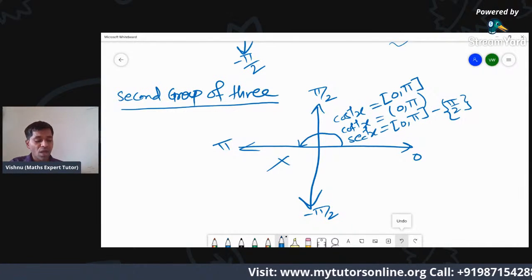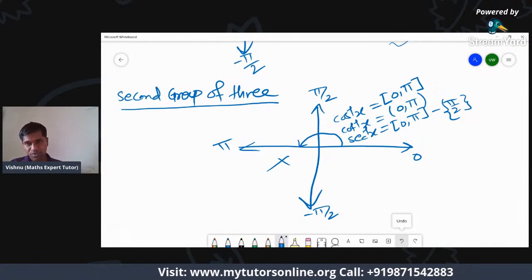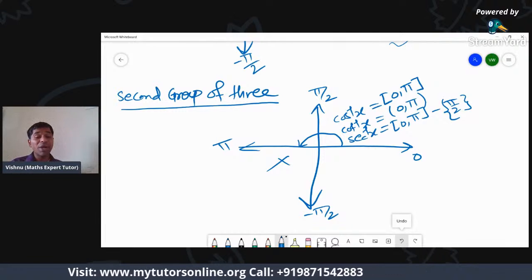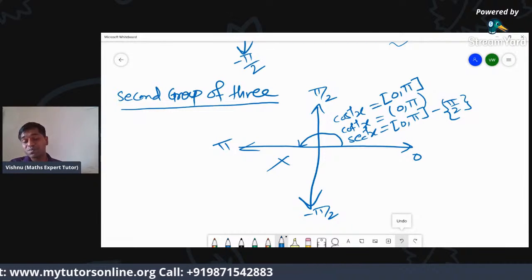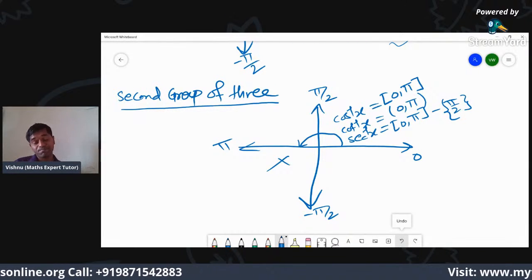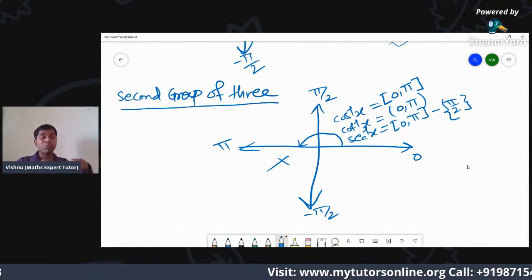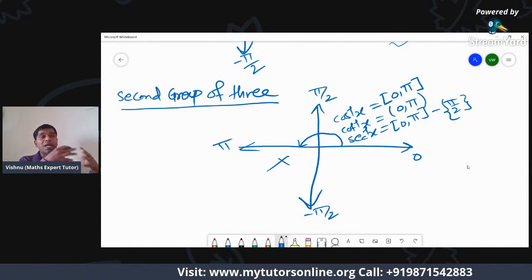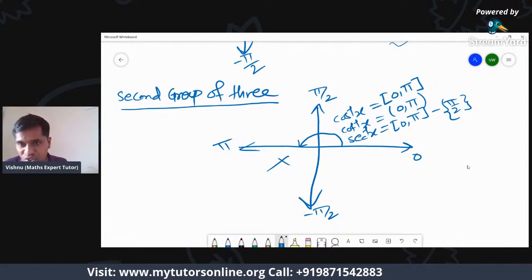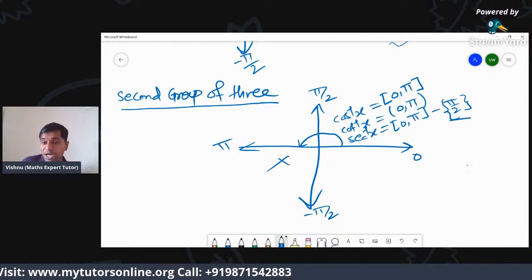Coming back to sec. Cos pi by 2 is 0. Sec pi by 2 will be 1 upon cos pi by 2, again 1 upon 0, not defined. So all the things are revealing about 1 by 0 only, which is not defined. So sec is not defined at pi by 2.